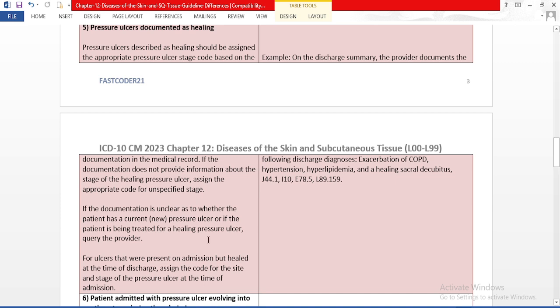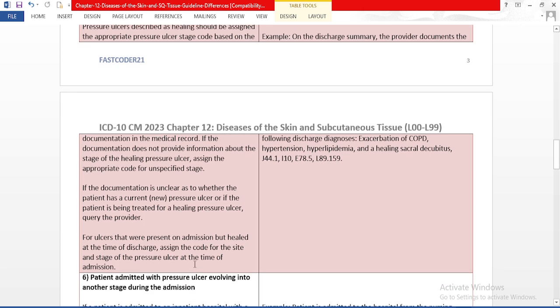If the documentation is unclear whether the patient has a current pressure ulcer or a pressure ulcer already treated, we need to query the provider. Whenever the patient has a pressure ulcer at the time of admission and at the time of discharge it is healed, we need to code based on the admission stage.